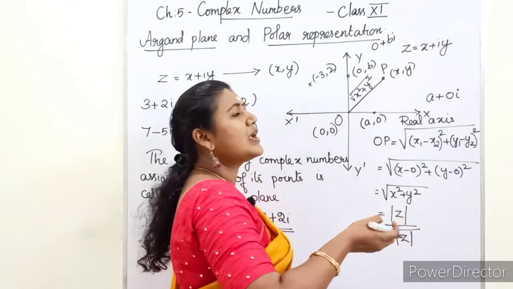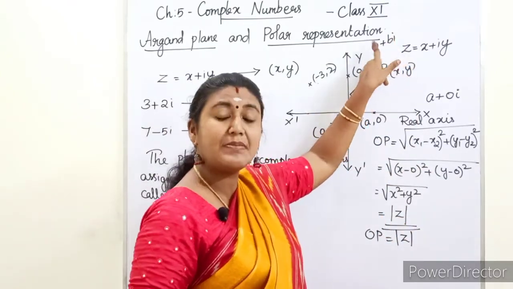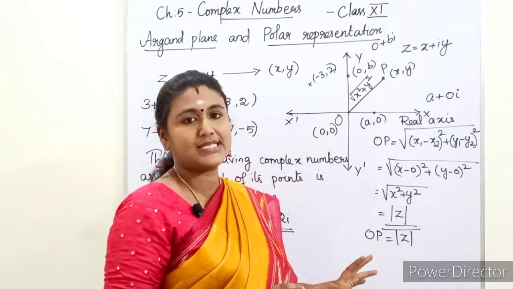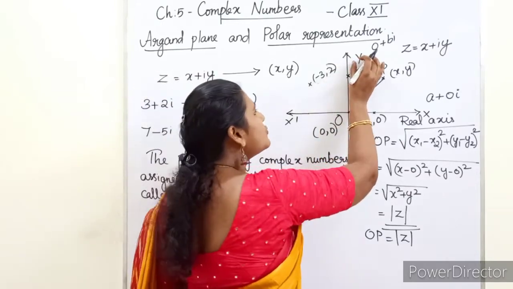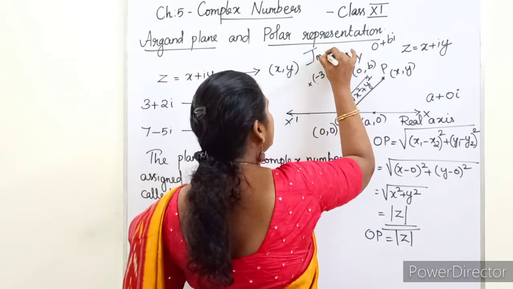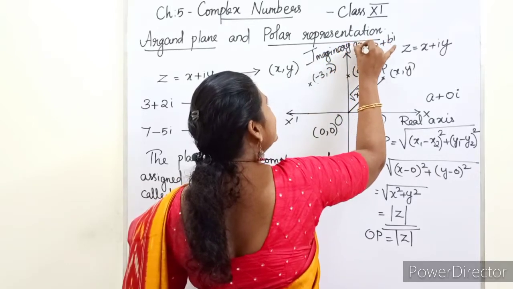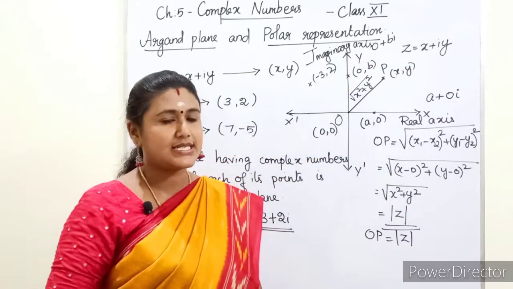So any point on the y-axis is of the form 0 plus bi. That means here you will not have any real part, you will have only the imaginary part. So we can call this y-axis the imaginary axis. Okay, so in the Argand plane we will call the x-axis the real axis and the y-axis the imaginary axis.